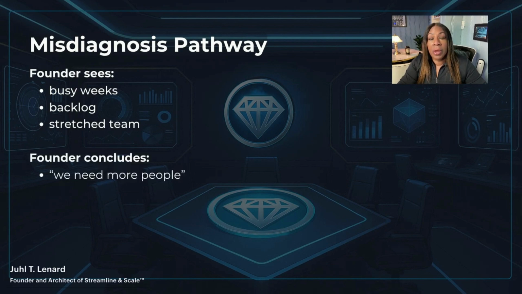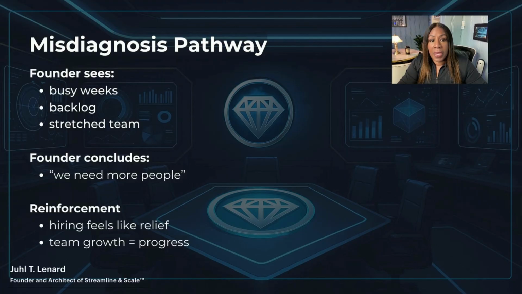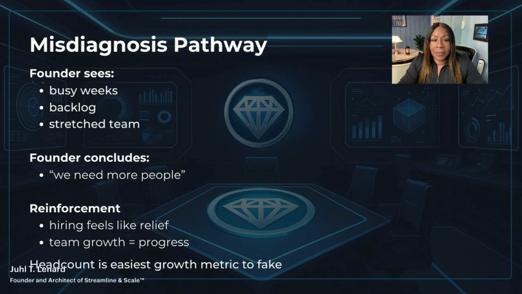And then concludes, well, we need more people to do the work. It is reinforcing because it feels good to hire someone in the moment. It feels like relief, and team growth feels like progress, right? Headcount is the easiest growth metric to fake, because headcount doesn't always mean that the revenue is growing.